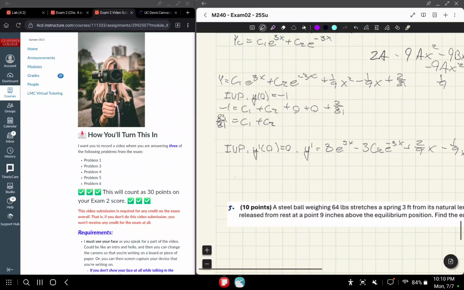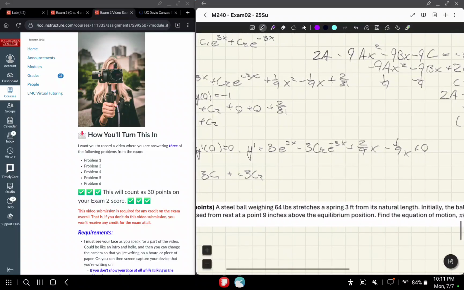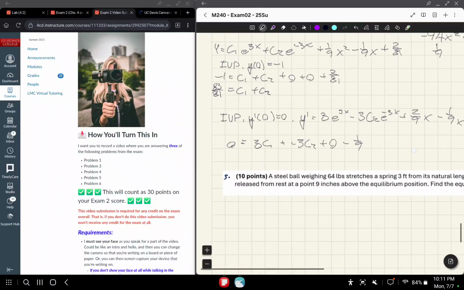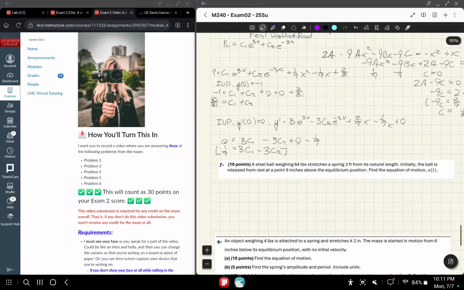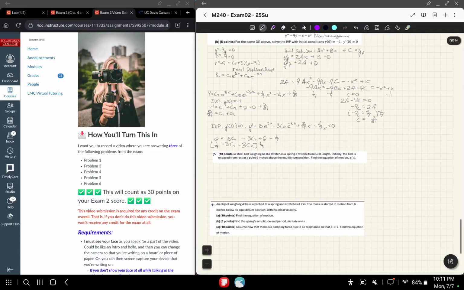And if you do y prime of 0 equals 0, this equals 3c1 plus negative 3c2 plus 0 minus 1 over 9. So now we add this, so we get this on the other side. 1 over 9 equals 3c1 minus 3c2, and then times this by 1 over 3.